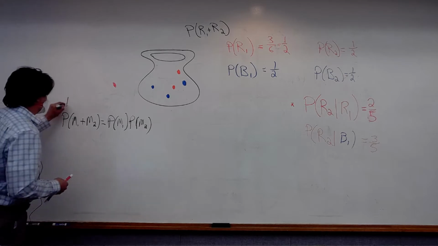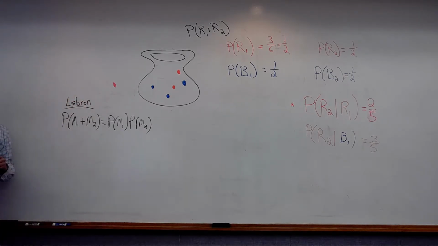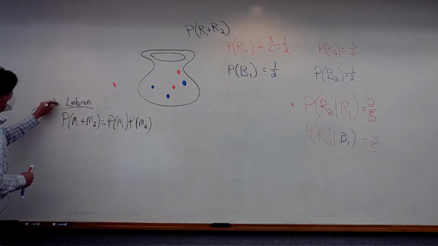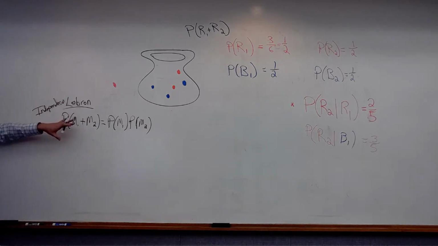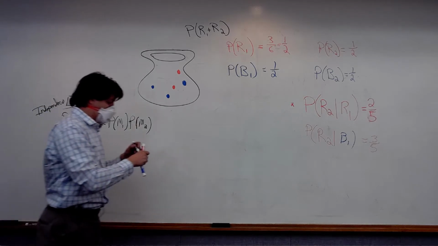Okay, this was the LeBron. That is only functional when there is independence. If we don't have independence, we can't use this special, that's the special part of it, that it is independent. We don't have that, we have to use the general form.